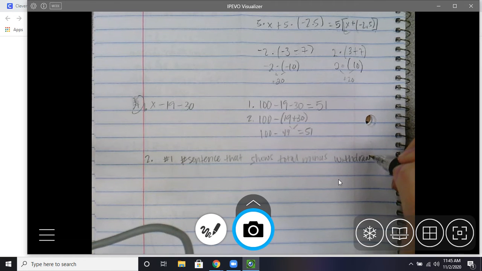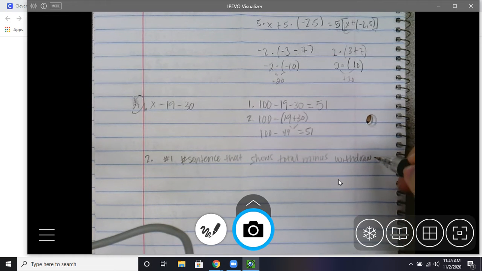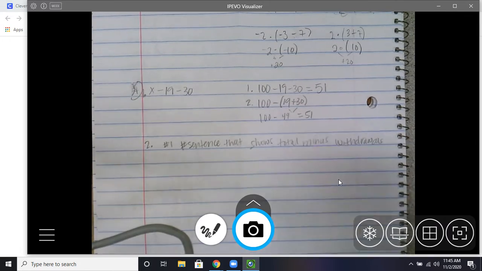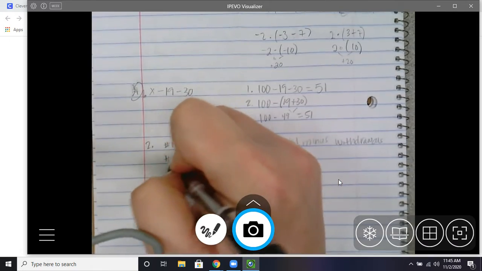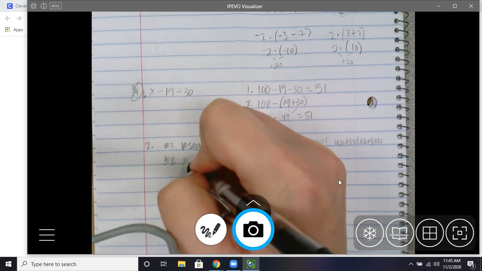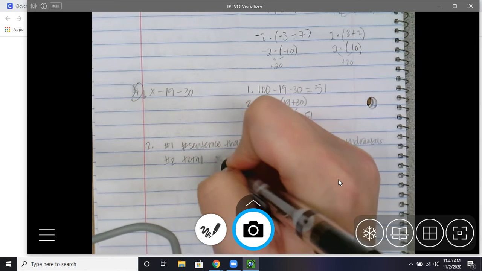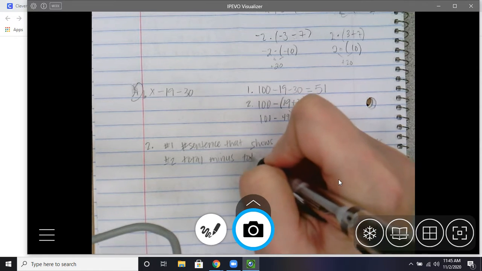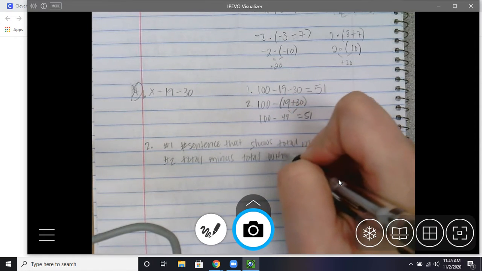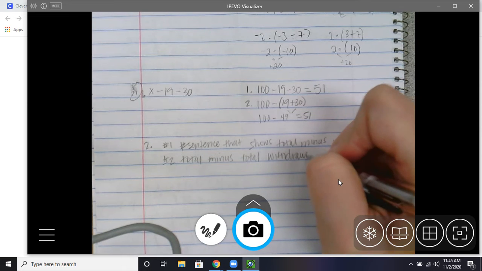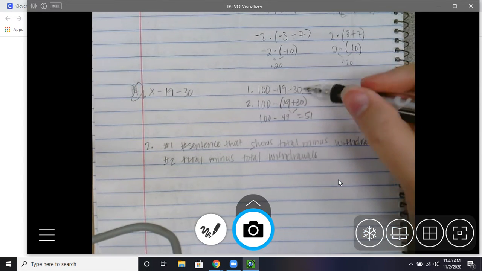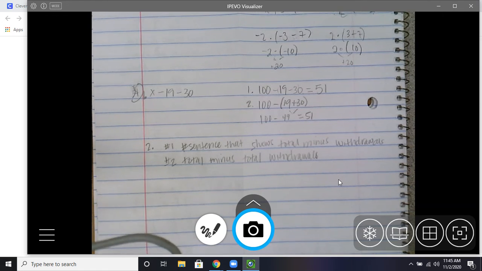How do you spell that? Withdrawals. I'm guessing withdrawals. I think it's like that. And then the second one, number 2, is total minus total withdrawals. So they're just not together in this one. You're not taking them and putting them together.